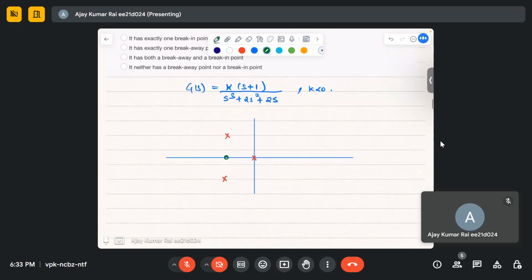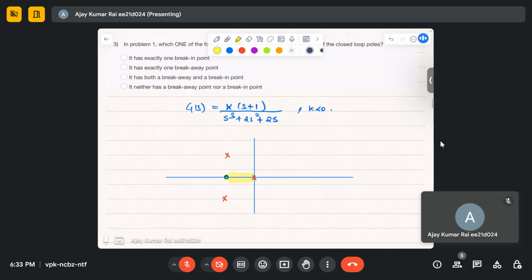And we also know that in this region, let me highlight that region, the root locus will not exist. And here the root locus will exist in these 2 regions. Let me just plot the region where the root locus will exist. So in this region, the root locus will exist.